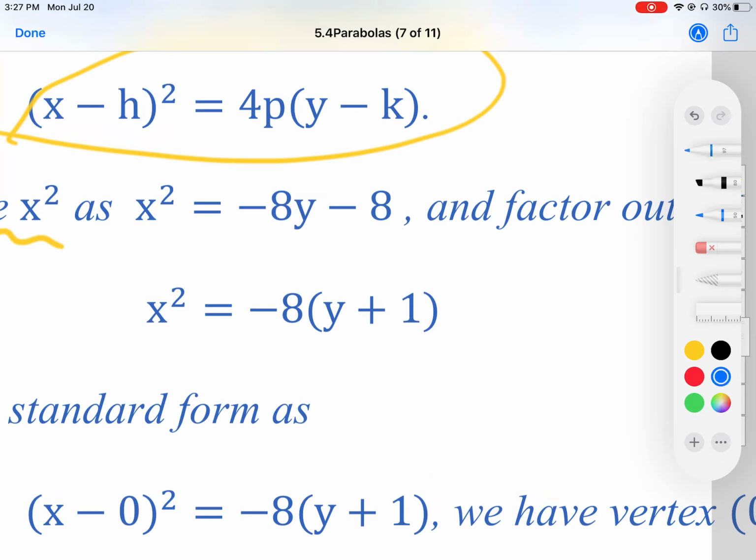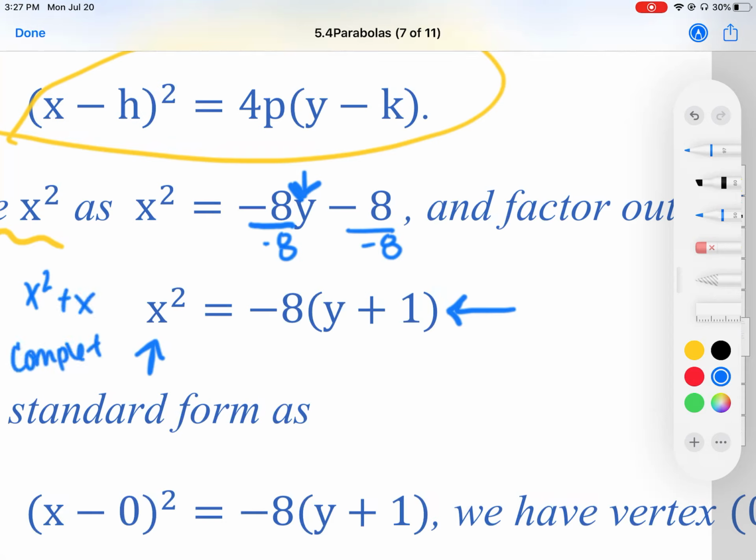Namely, we want to get that y, that variable, by itself, so we divide by whatever coefficient it has. So we factor out -8 and divide -8 from both terms, and we're left with -8 times (y plus 1). On the other side, I just had an x squared. If I had x squared plus another x, then I would have to complete the square, but we don't have that case. We'll see it soon enough.